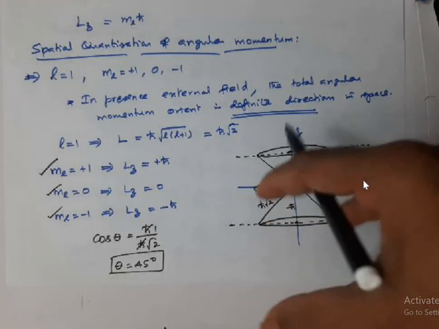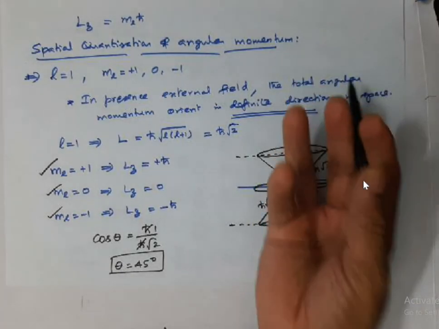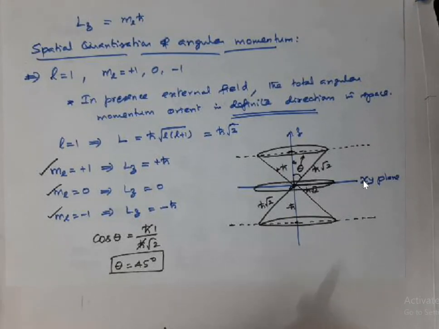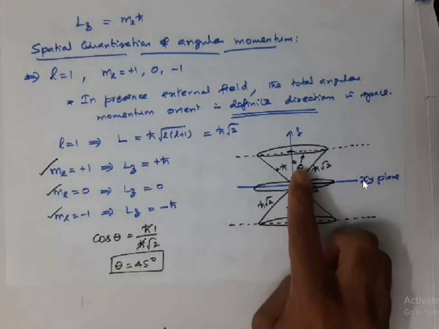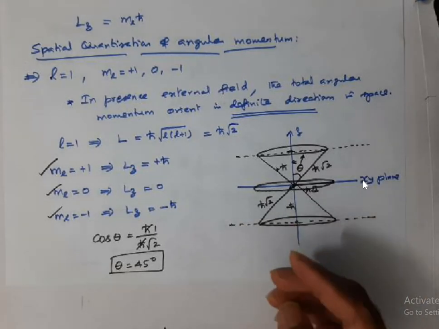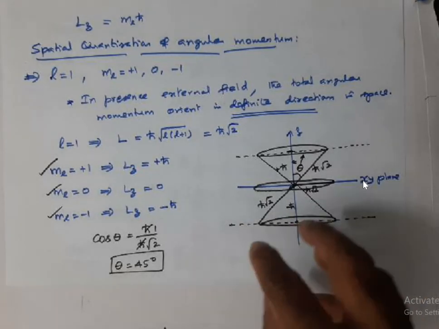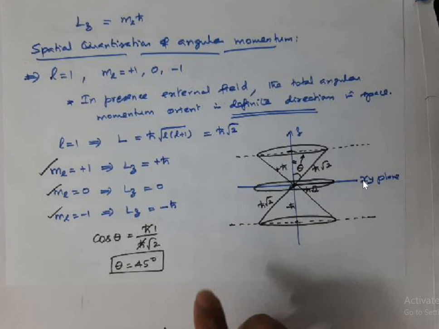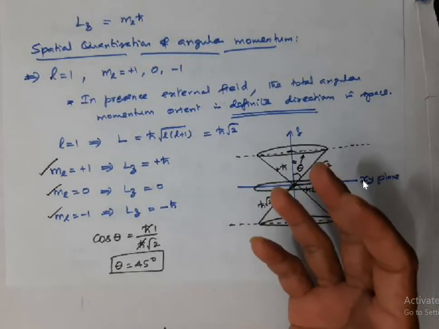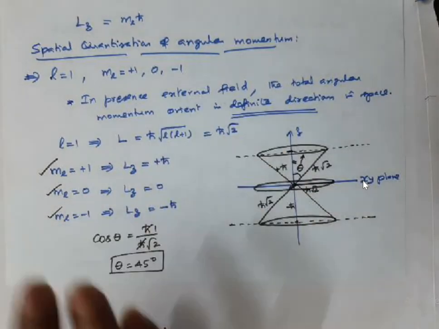This cone looks like a downward cone, and the other is an upward cone, and in the middle we have a circular plate. So the total angular momentum orients in these three different directions: it may orient on the upward cone, or on the circular plate, or anywhere on the downward cone. These are the three possible orientations of the total angular momentum in the presence of an external field.